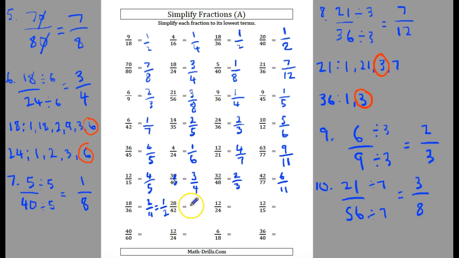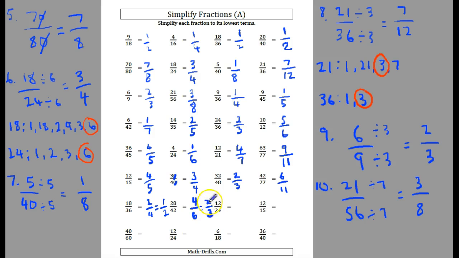All right, 28 and 42. That's 7. So 4. Oh, another one where I could have simplified it. See, I'm rushing through. So 2/3. All right. So 14 is the highest common factor there. Okay, so see how I've done these two in 2 steps.